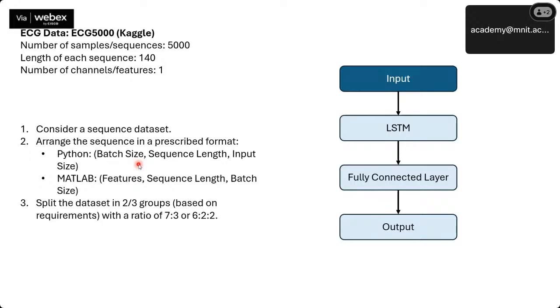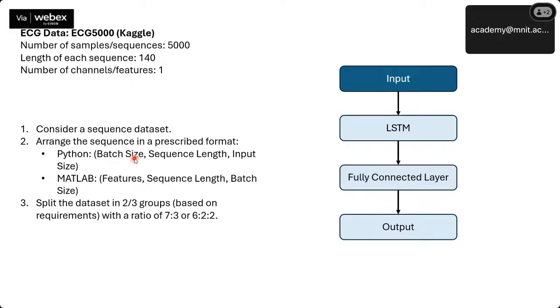The y coordinate in this case will be the sequence length. And then the other coordinate will be the batch size. Batch size means how many samples. Let's say you are taking two samples, so the batch size is two. Sample number one and sample number two will come together into your model. That is the meaning behind all this.